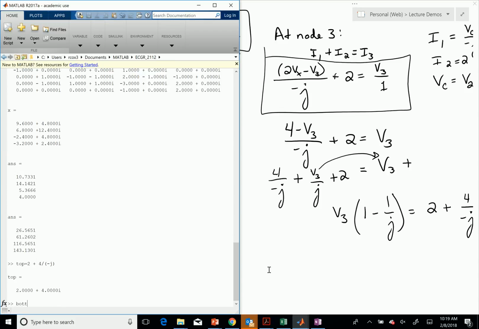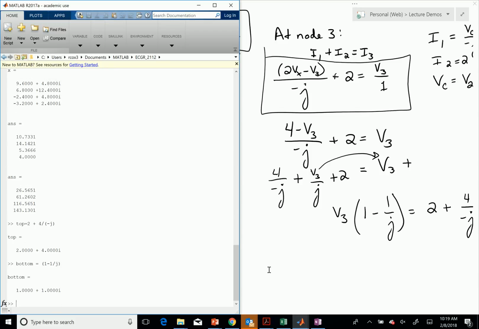And bottom equals 1 minus 1 over j, like that. So V3 is equal to top divided by bottom.